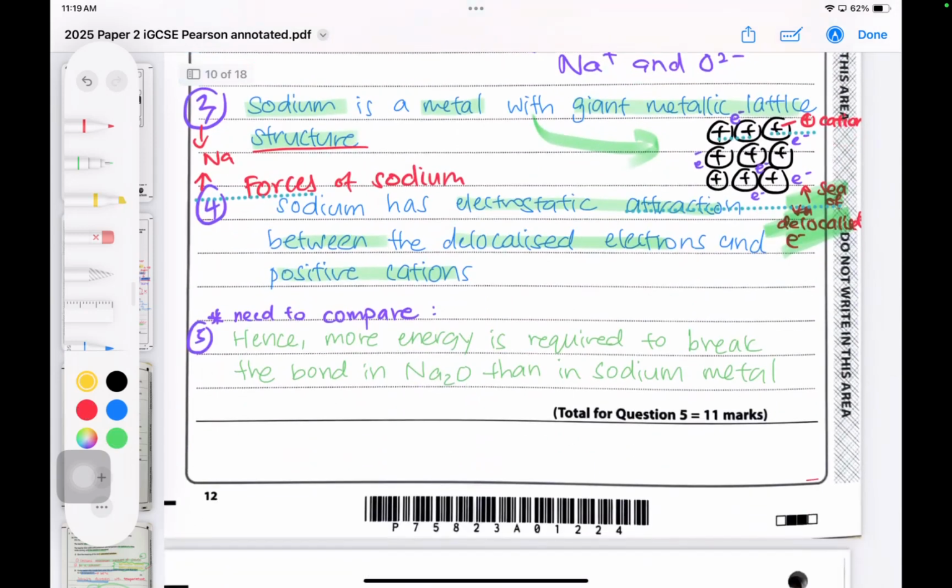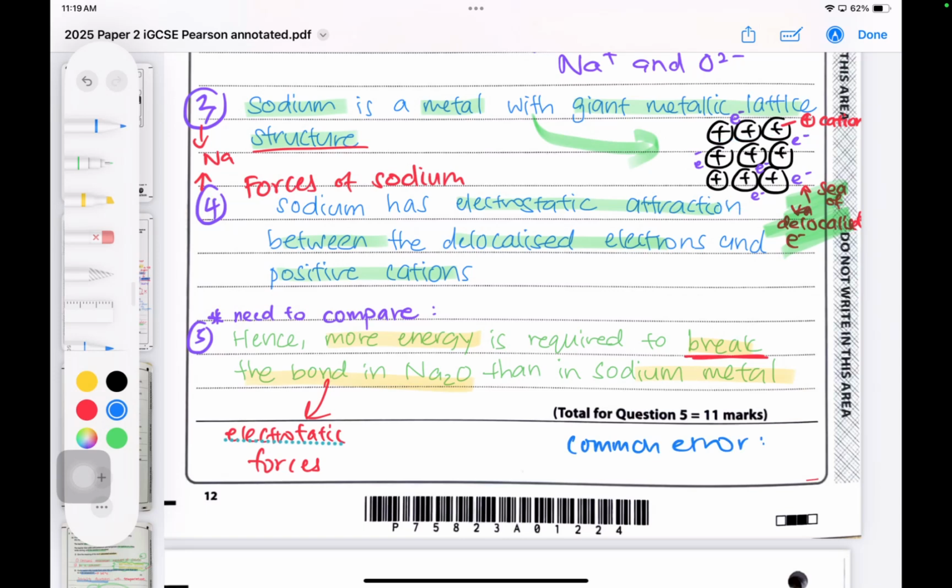The main reason is this, because we actually need more energy to break the bond in sodium oxide than in sodium metal. Now take note, this bond that we're referring to is electrostatic forces. Okay, so I prefer to use the word break. Now, what is the most common error that students tend to make over here?